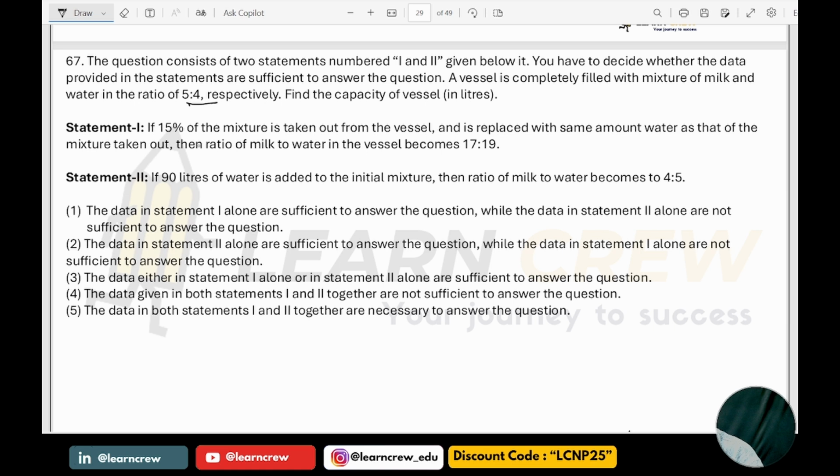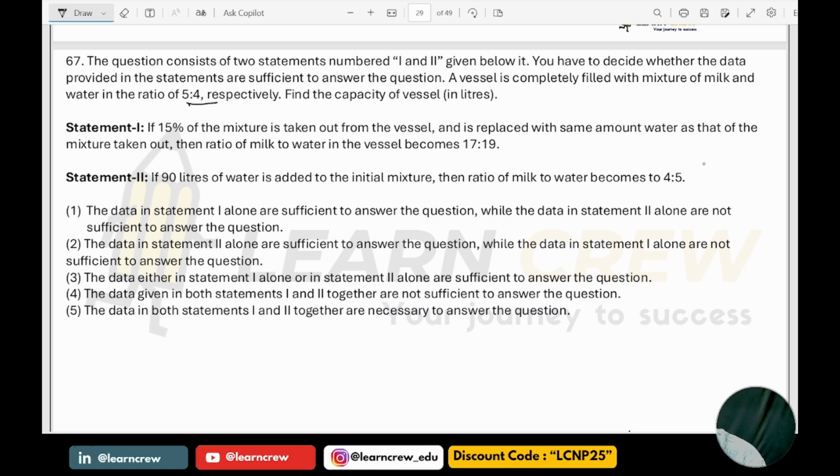Find the capacity of the vessel. Statement 1: if 15% of the mixture is taken out from the vessel and replaced with the same amount of water as that of the mixture taken out, the ratio of milk and water in the vessel becomes 17:19. Is it so? What about the second one? 90 liters of water is added to the initial mixture. The ratio of milk to water becomes 4:5.